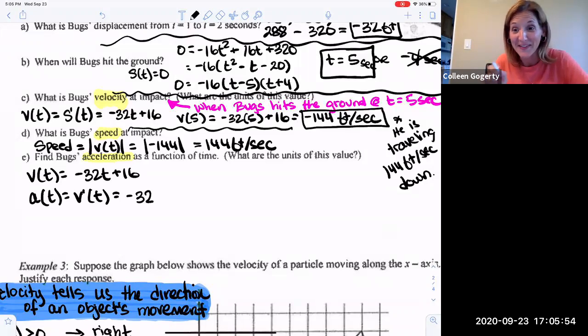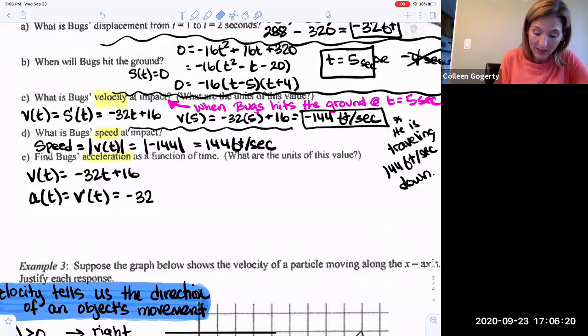Okay, this is going to be really important for my physics people right now, and I'm pretty sure all of you have either had it or are in that class. I want you to tell me the units right now. If velocity was a rate of change, and our rate of change was feet per second, remember that acceleration is the rate of change of velocity. So what this would mean is that, okay, we'd have our velocity, v of t, versus time.